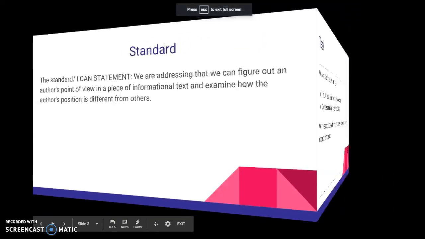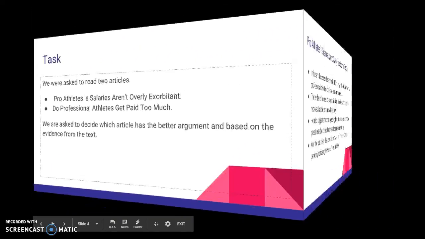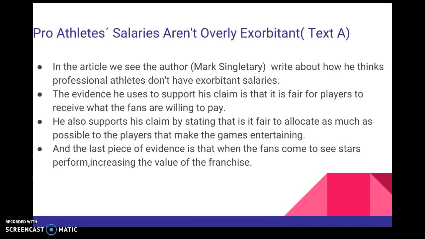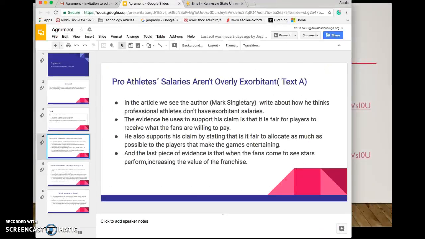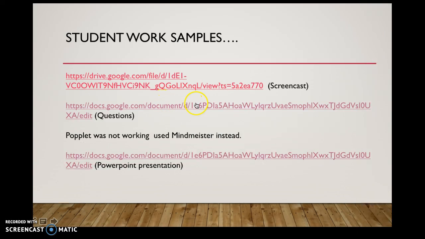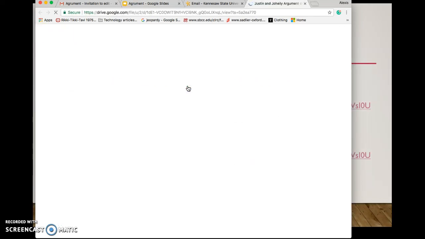There's just a few of their slides that they used. I will exit out and show now the screencast that they created.